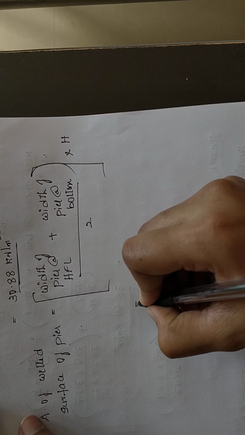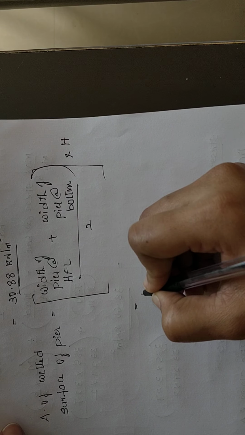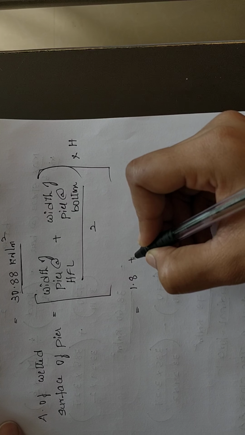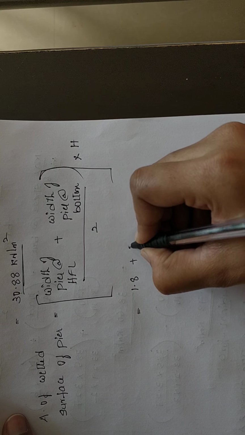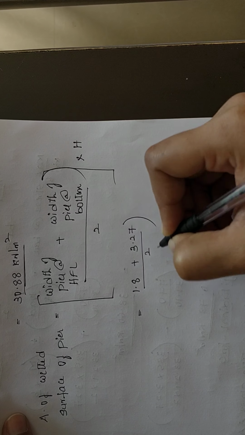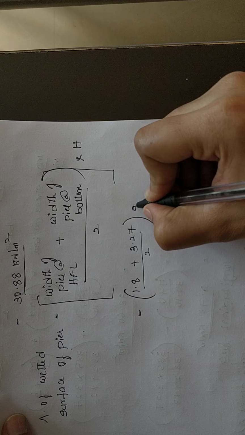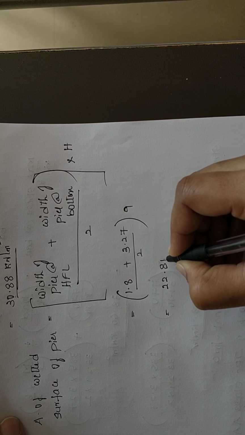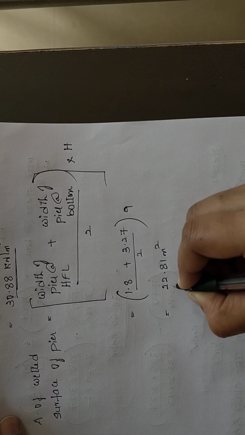Substitute width of pier at HFL, 1.8, plus width at the bottom, 3.27, divided by 2 into height, 9 meter. Then you will get 22.81 meter square.